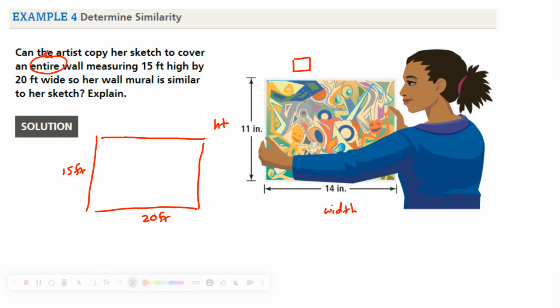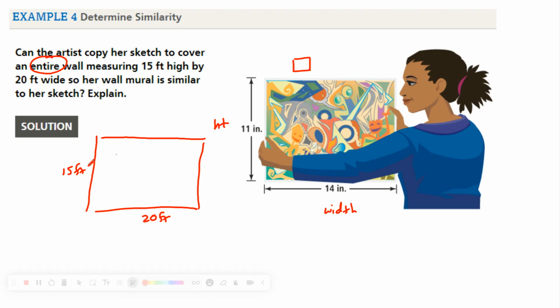What we're going to do is look at the height and width of the painting and compare it to the height and width of the wall. We're going to use a ratio to do this. This is introducing us to proportions and showing that similar figures have proportional sides.